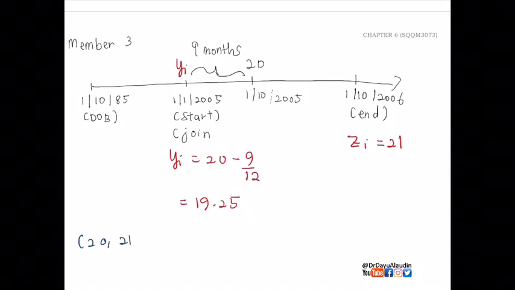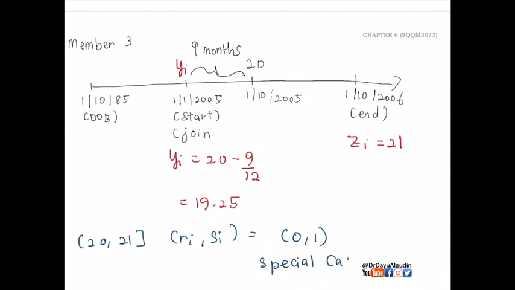For the first interval, the interval estimate 20 to 21, since yi is less than 20 and zi is equal to x plus 1, Ri and Si become 0 and 1. So this is special case A.